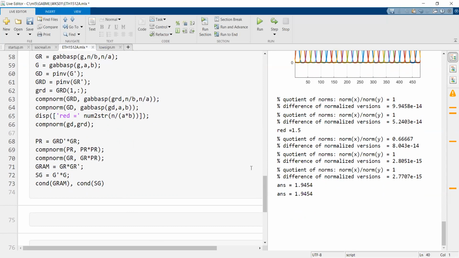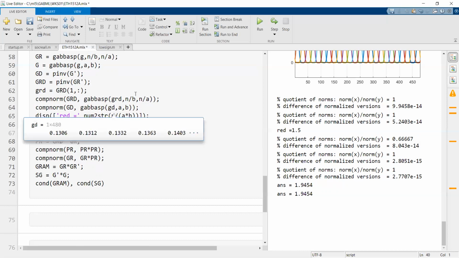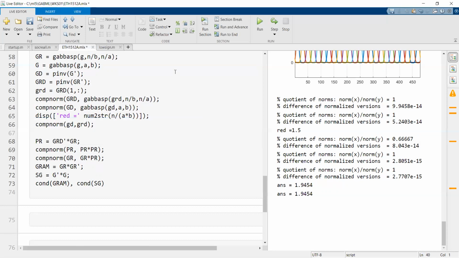So you have to look at the Gram matrix, and it's nice, it has the same condition number. And then you take the biorthogonal family, which is this one here, and it's generated up to a normalization factor by the dual window.